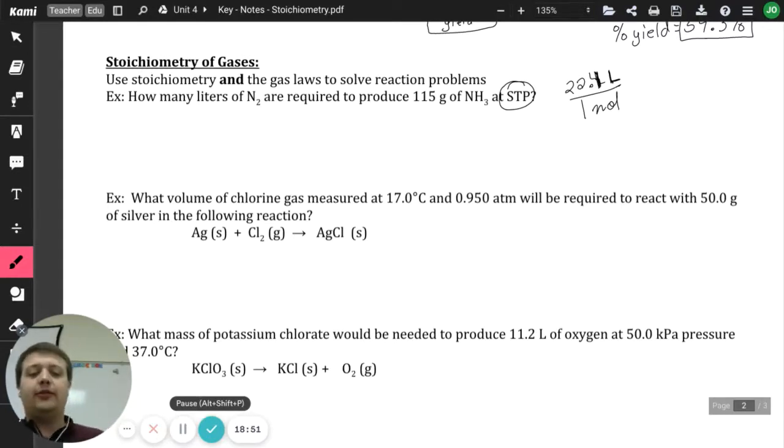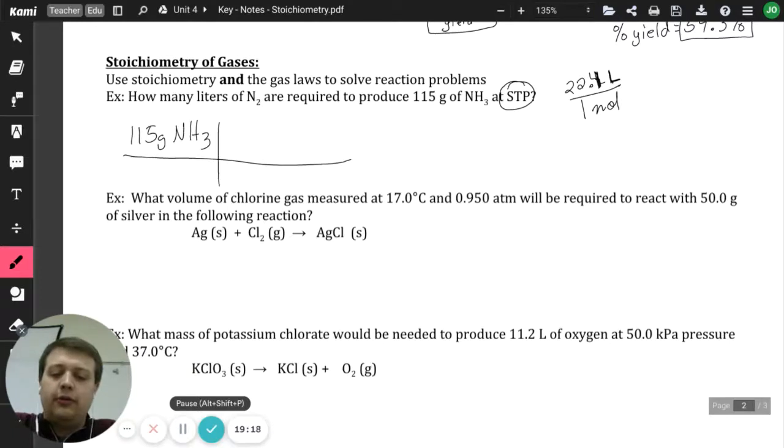It says, how many liters of N2 are required to produce 115 grams of NH3 at STP? I'm going to solve for moles first, and then after I've got moles, I can use that ratio of molar volume, 22.4 liters per 1 mole, because I'm at STP. So I have 115 grams of NH3.